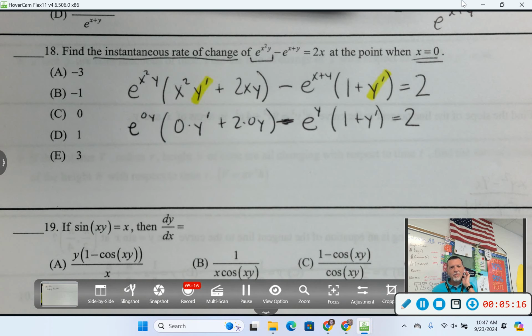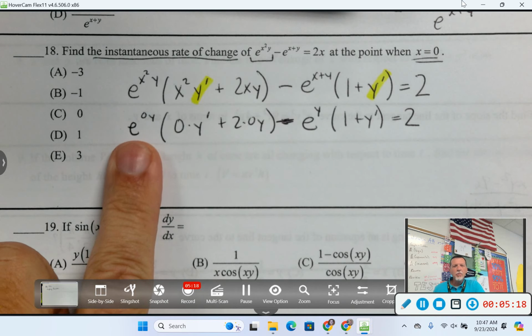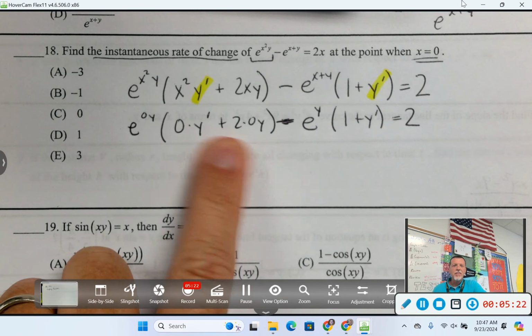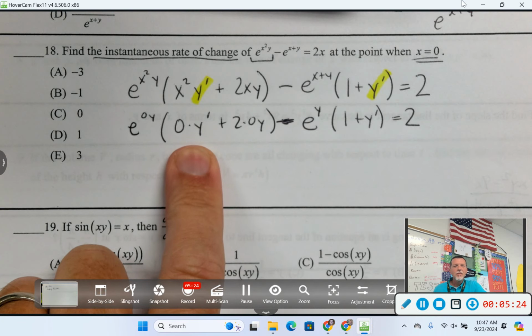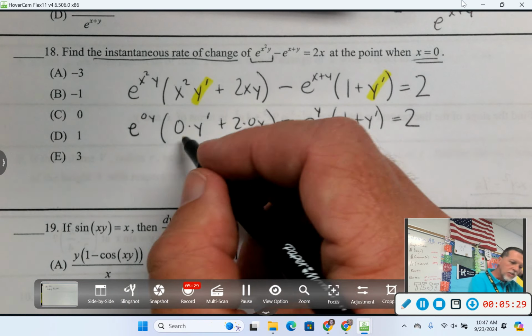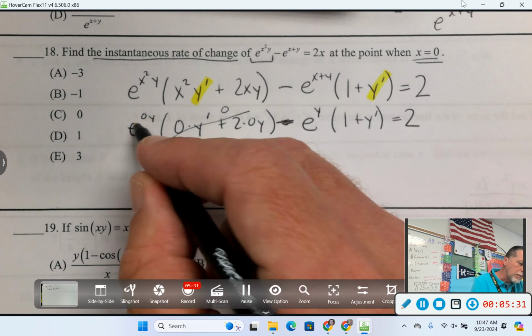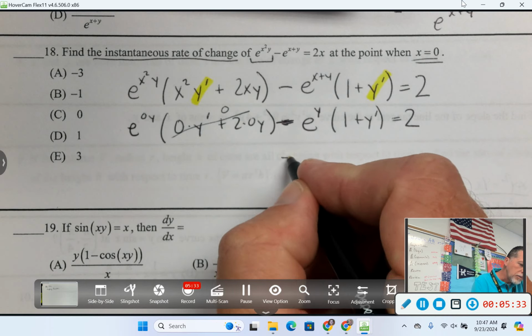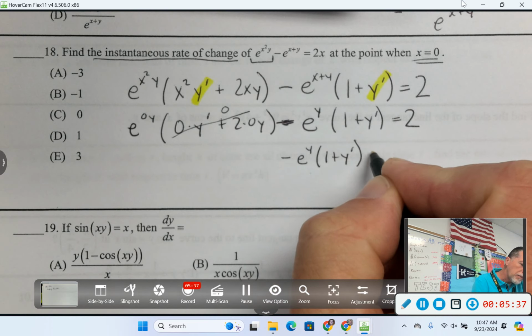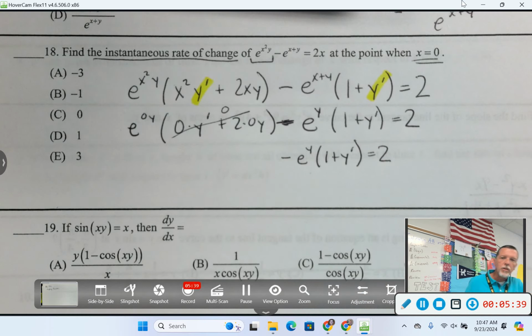Okay, e to the 0 is 1. Oh, what's on the inside of the parentheses? A bunch of zeros. 0y prime plus 2 times 0. So all that's 0 times 0 is 0. So I'm left with negative e to the y, 1 plus y prime equals 2.